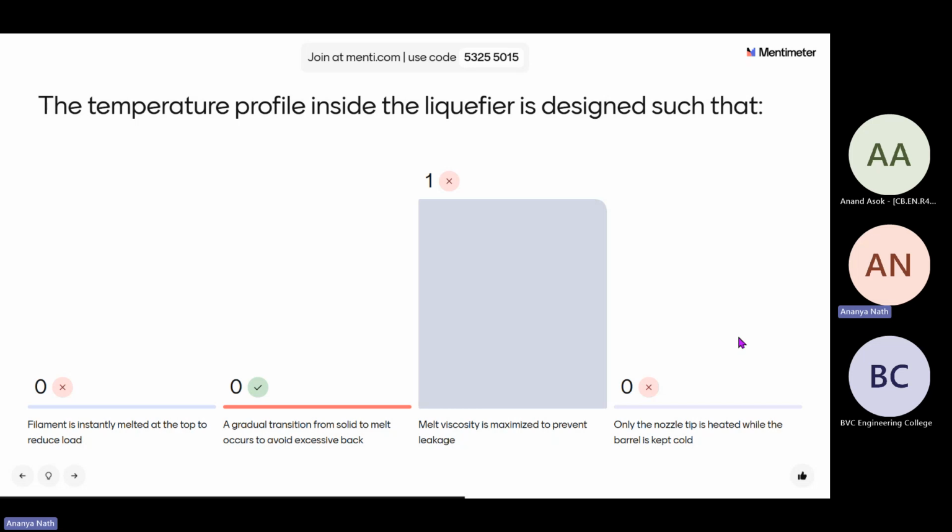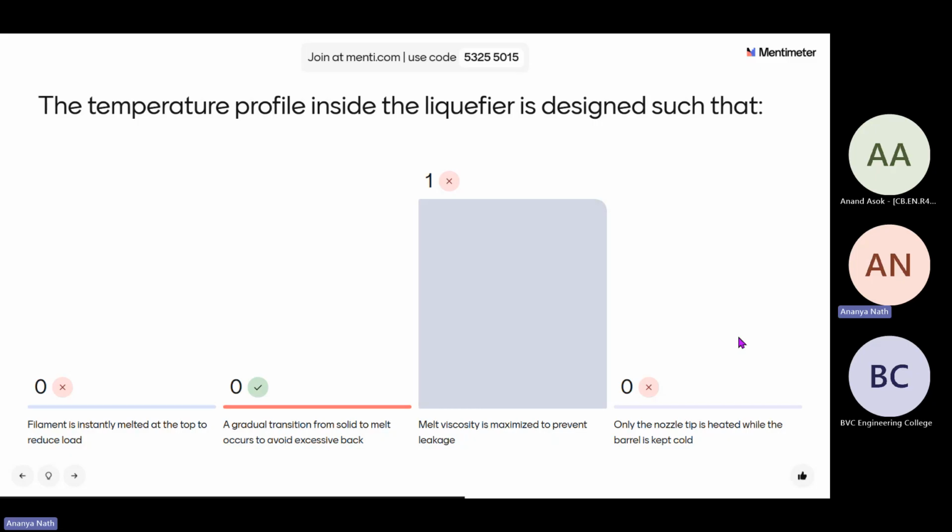Next is the wire coming from the pinch roller to the liquefier. If you put the heater in it and then you have the nozzle opening just above, adjacent to that, then you are just melting it and drop by drop it will fall onto the build plate and you will not have much control over it.